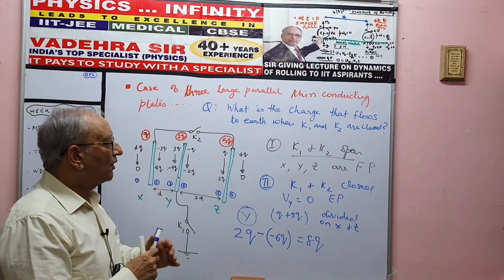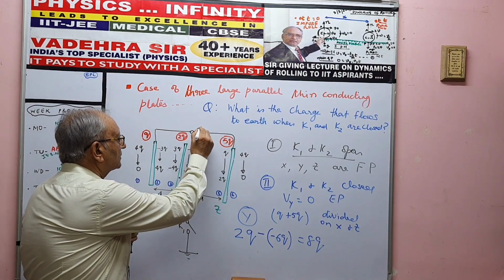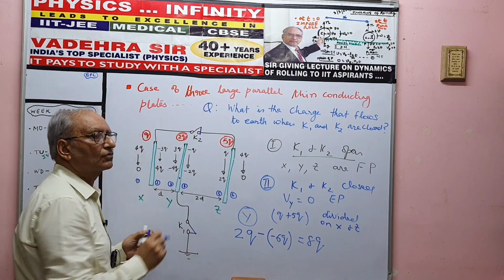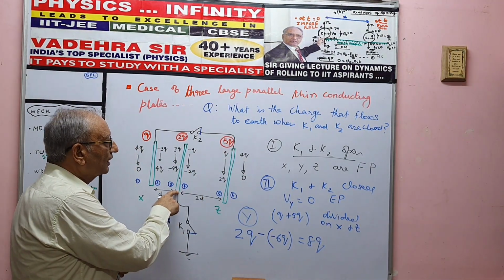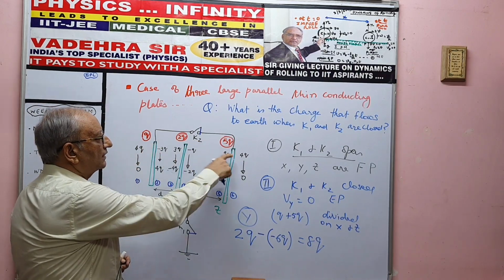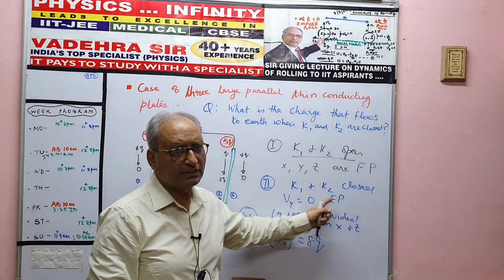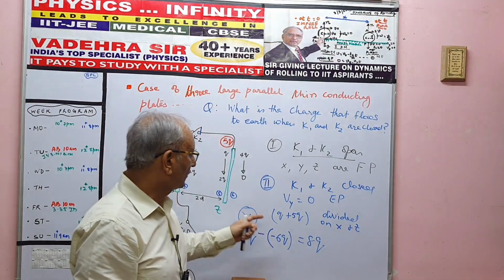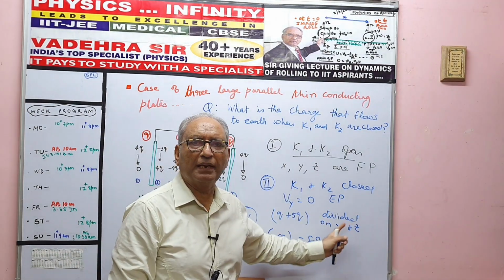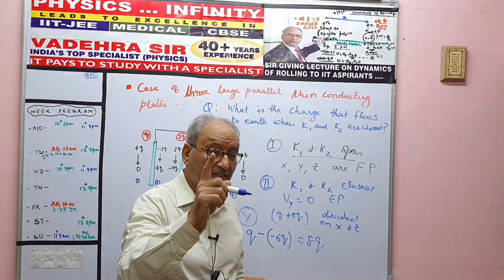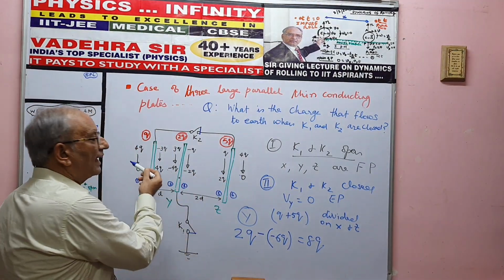Fine. Now I close the switches, K1 and K2. So let me close it. I close this. I close this. When the switches are closed, plate Y is earth and plate X is connected to plate Z. So Vy is 0, it's at the same potential as earth, and Q plus 5Q will be divided on the plates X and Z. But very interesting thing now, the moment this is earth, the outermost faces will have 0 charge.